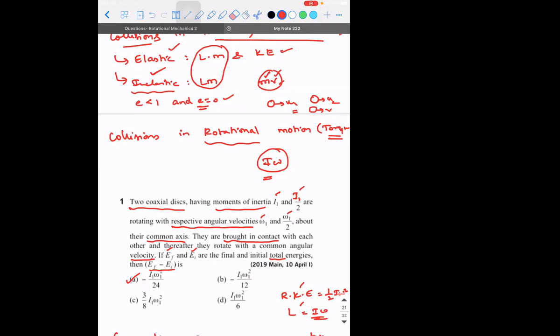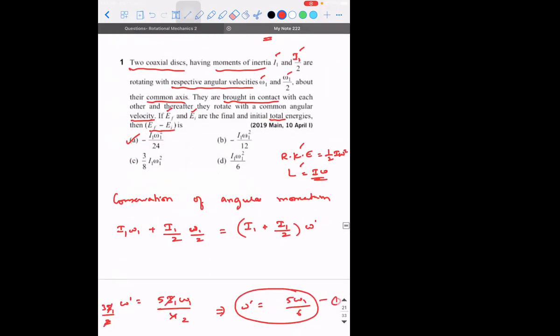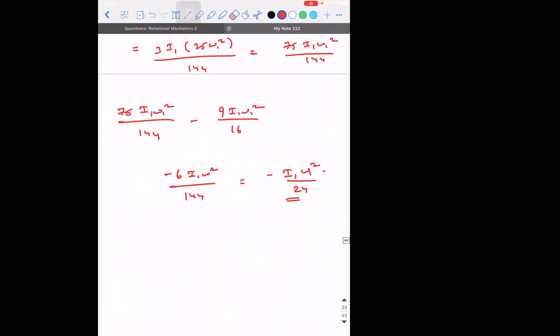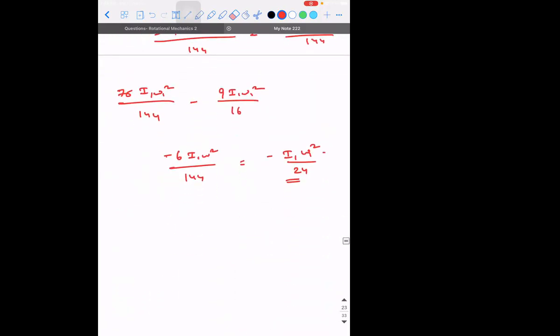So the only possibility here is that the energy has to decrease, because they are coming in contact and friction is going to decrease the common velocity of the object. So the energy is lost in the form of heat. Are you able to understand? Yes, sir. One thing, it will be lost in the form of heat and sound also. So that's why I could confidently say you will get a negative value.